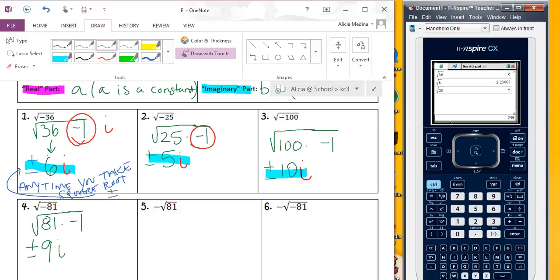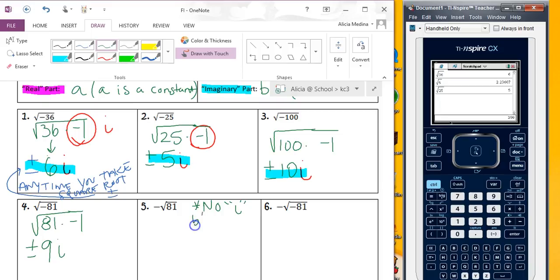If I have a negative, look at what's underneath the square root. Do I have a negative under the square root? No, I do not. So what I'm going to do is put yourself a little asterisk here. There is going to be no i. Why?